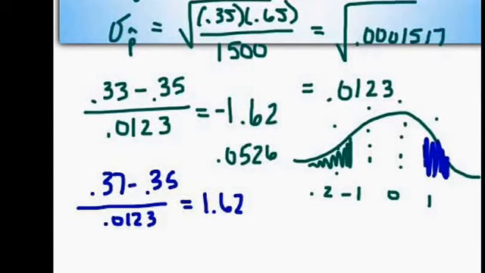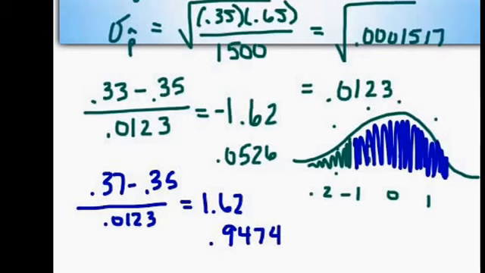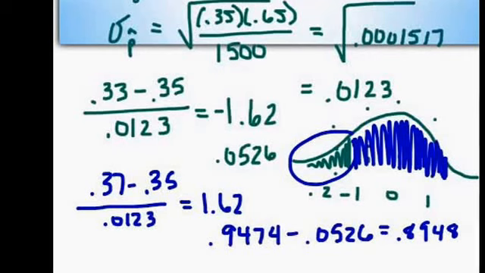And I want the area in between, so I'm going to go for this blue area. When I look that up in the chart, I get 0.9474. And I'm going to subtract these two areas because I don't want this part, and I get an area of 0.8948. So around 89.48% fall between the 2 percentage points of 35%.